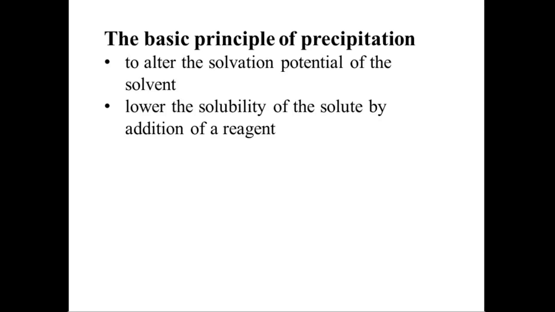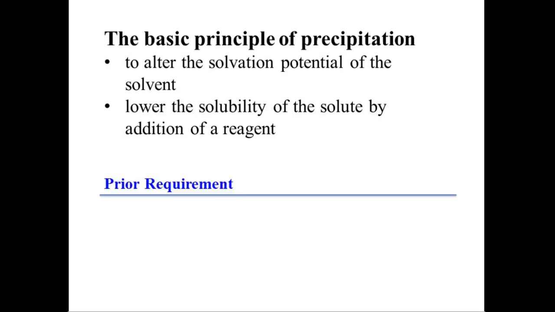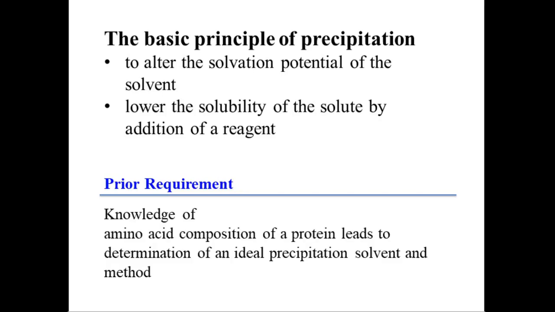So the charged and polar surface residues interact with the ionic groups in the solvent and they increase the solubility. Now what is required? You need a prior knowledge. This is the prior requirement. You need to know what is the amino acid composition of a protein. That leads to determination of an ideal precipitation solvent and the method of extraction.